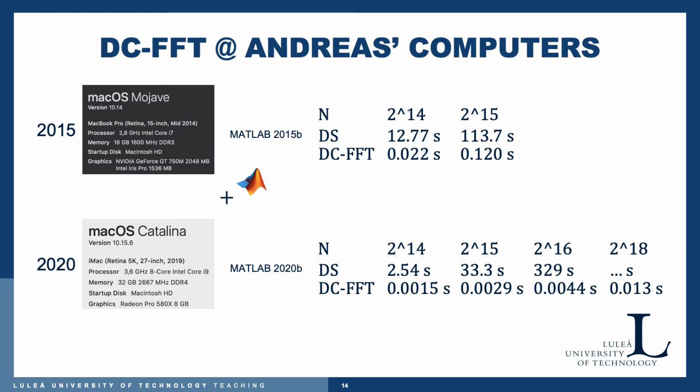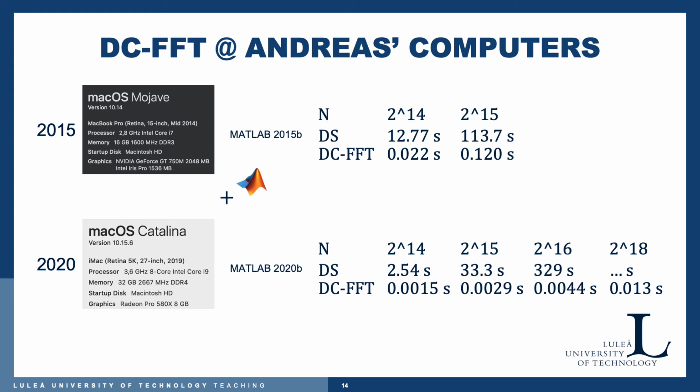So actually performing the DFT, the DC-FFT was a little bit faster for me with 2 to the power 15 in comparison to the direct summation, but still not as good, I would say, as they had in 2003 with Fortran, but close.